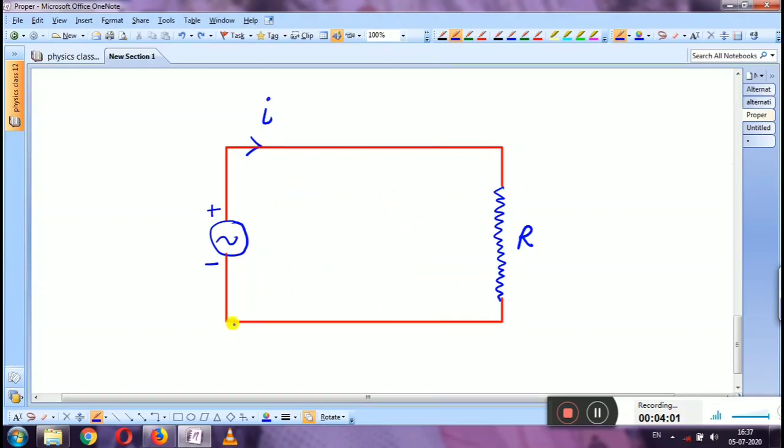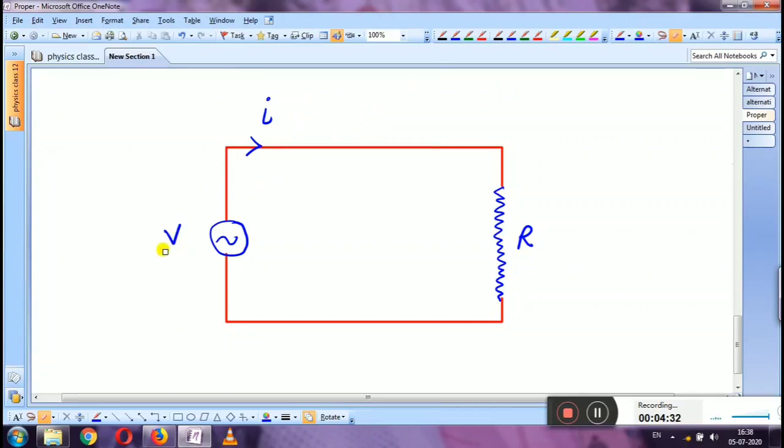So I have shown the direction of current like this, right? This is alternating current, and here there will be alternating voltage. So V we can say is alternating voltage, and I we can say is alternating current. This plus and minus I am removing from here. These I have shown just to verify the direction of this current, alternating current.